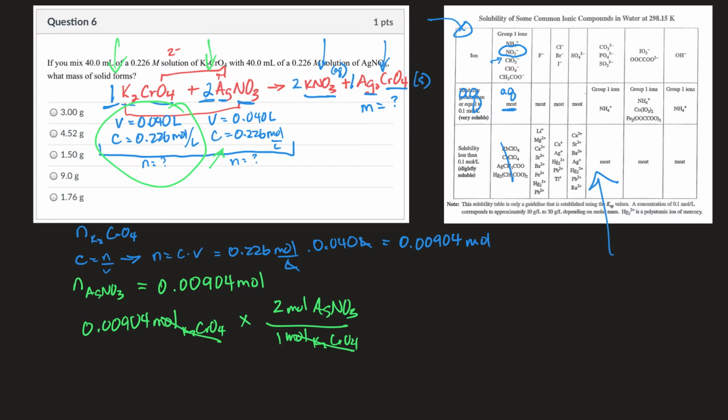So these cancel, I times it by 2, so that'll be 0.01808, I think, moles of silver nitrate.